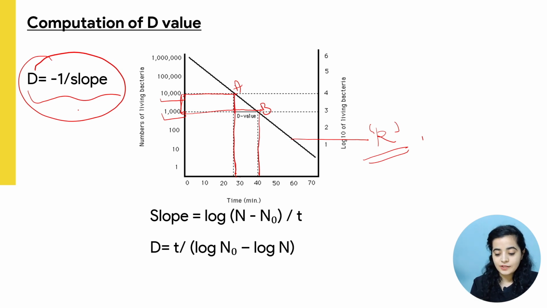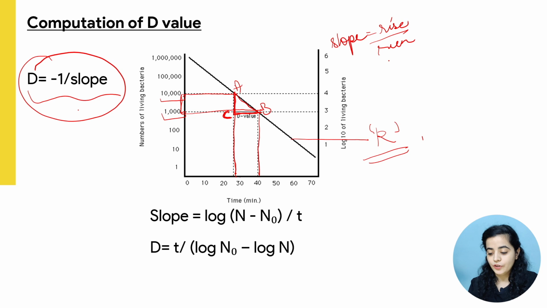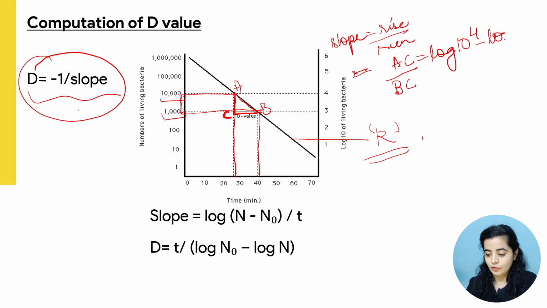Now if we consider this reduction only, and we mark this as C. It is known that slope is given by rise upon run, which in this case is AC upon BC. So AC is your log reduction of microbial population, that is log 10 raised to power 4 minus log 10 raised to power 3, upon BC.